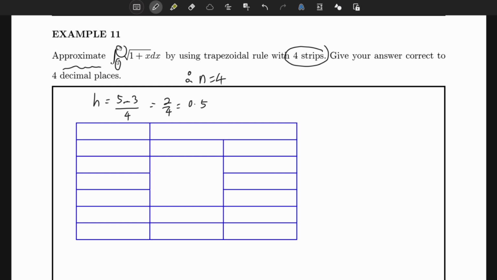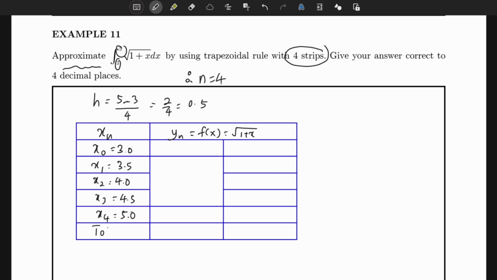So we have a table here. This is your xn, and this is your yn, which is f(x), that will be the square root of 1 plus x. So x0 starts with 3, x1 will be 3.5, x2 will be 4.0, x3 is 4.5, and then x4 will be 5.0.